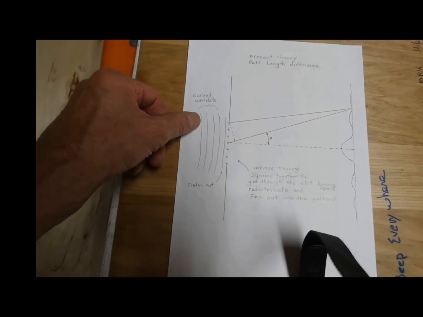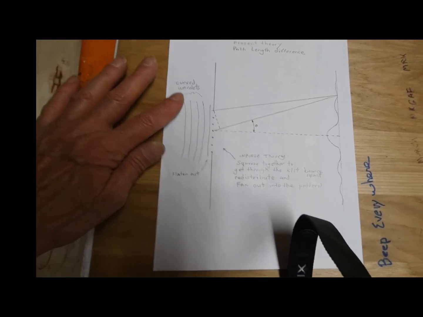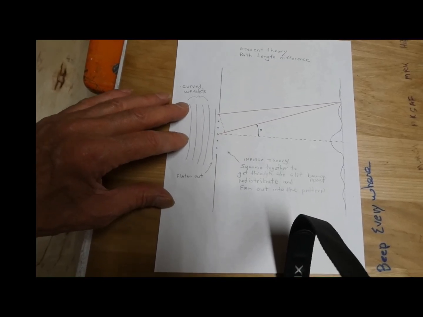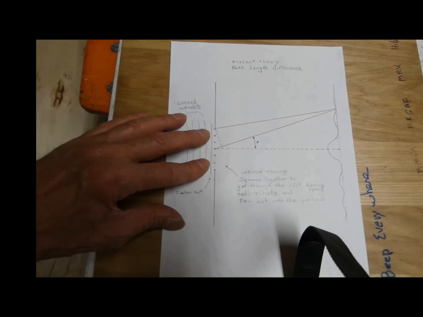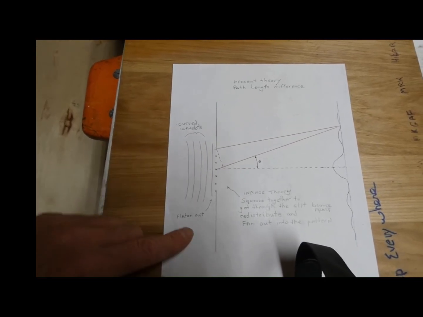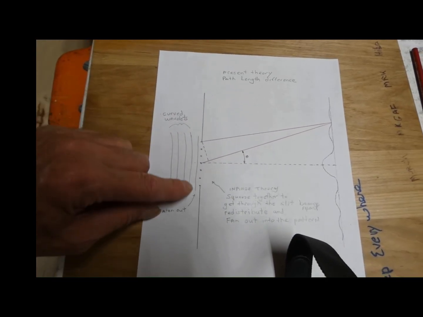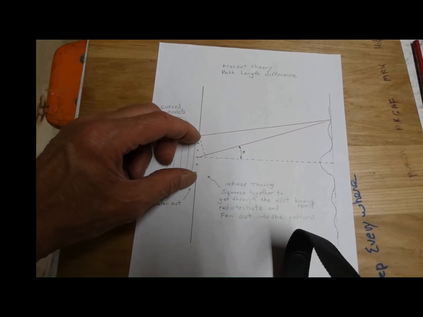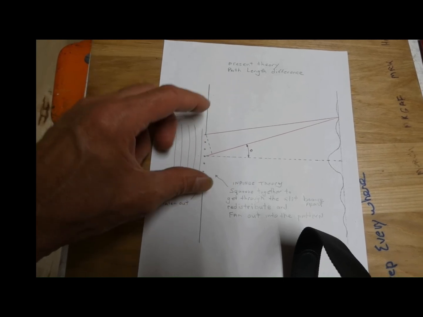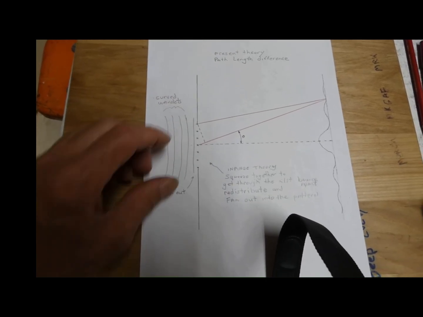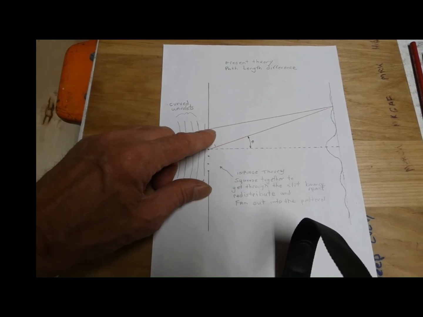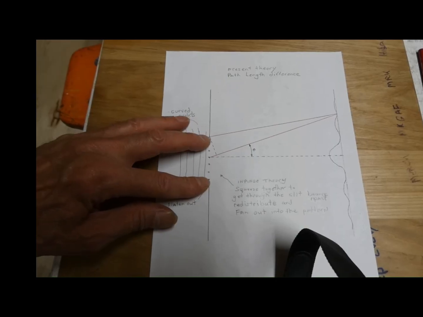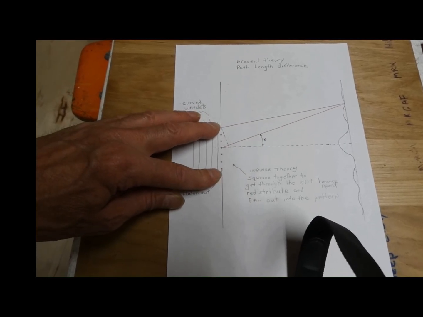The wavelets are coming in from this side, and they're more or less curved, not totally lined up. When they hit the barrier, it flattens out. The last one flattens out, and they squeeze together and elastically bounce apart, and they shoot out, redistribute, and fan out into the pattern. That's this impinged theory I'm explaining.